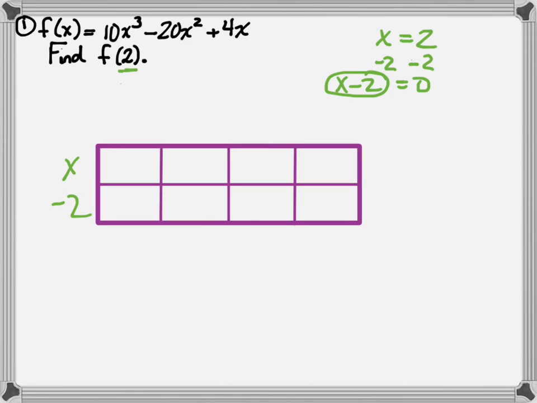So we're going to take and divide the 10x cubed minus 20x squared plus 4x by x minus 2. And so we have 10x cubed. 10x cubed divided by x gives us what?